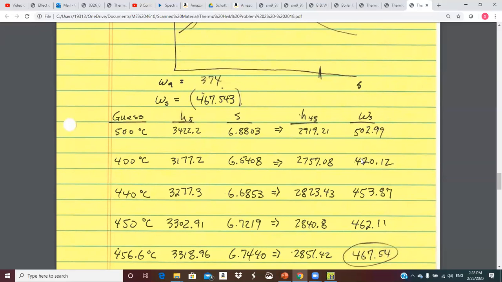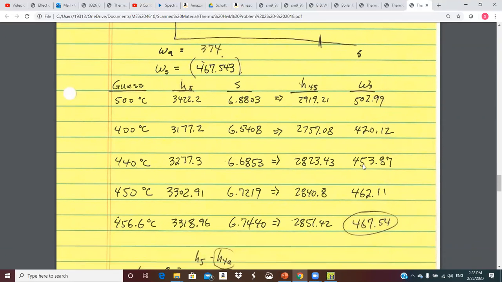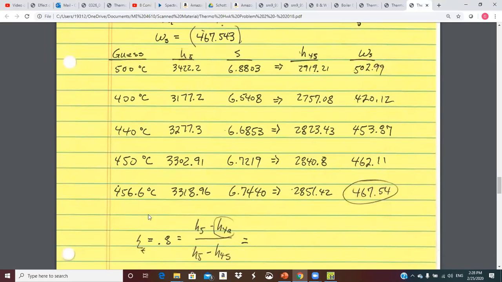If I guess 500, the work comes out 502, 503, it's too high. If I guess 400, it comes out 420, not high enough. So you make a couple of guesses, and if you guess 456.6, it comes out right on the money, and so that tells you that's the right temperature.